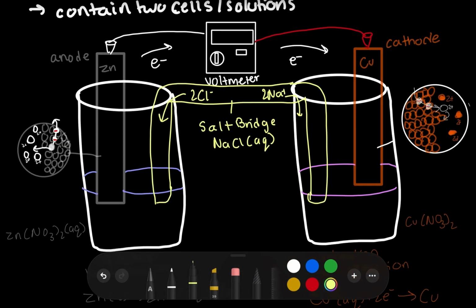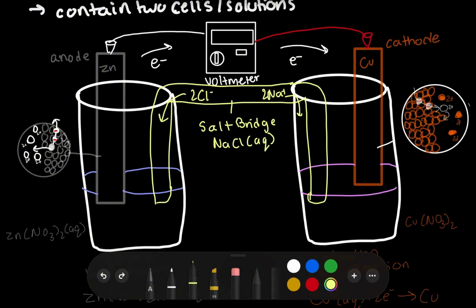We have a voltmeter, we have a salt bridge, we have an anode, a cathode, and we have our two different solutions. Now, there are some labels that I'm going to point out, such as Zn is one of our metals. And right next to Zn, it says it's an anode. Then on the right, we see Cu, and it's a cathode.